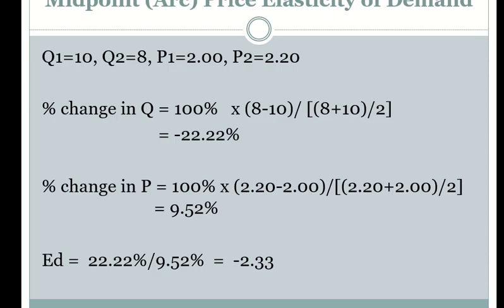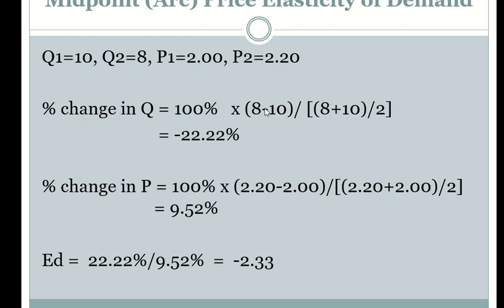Okay, so the percentage change in quantity using the midpoint method. So 8, the new quantity, minus the old quantity divided by the average or midpoint between these two quantities. When you do the calculation, you get negative 22.22%.